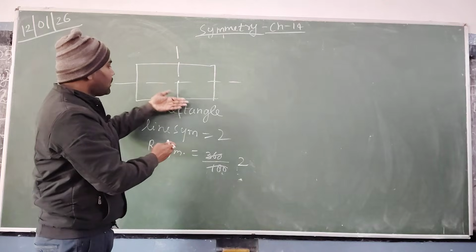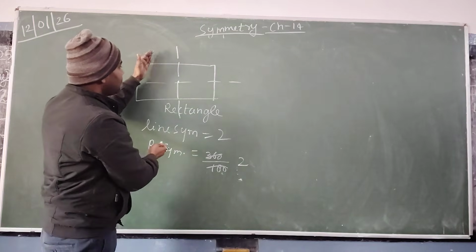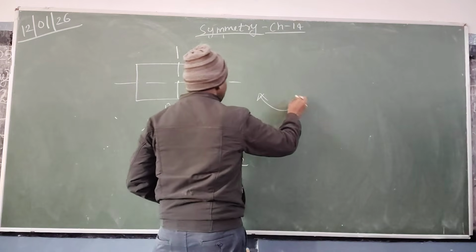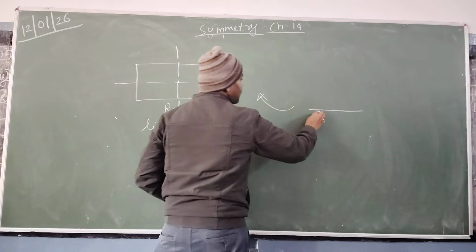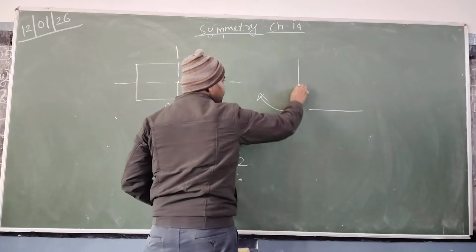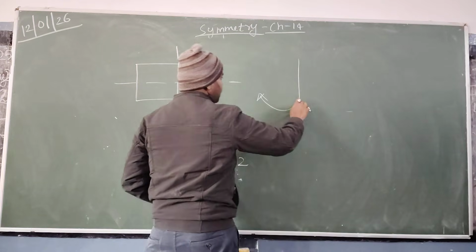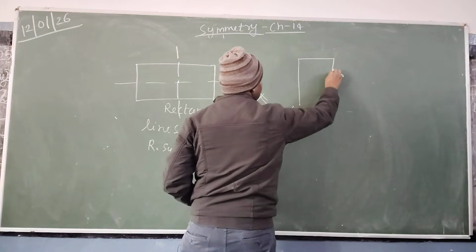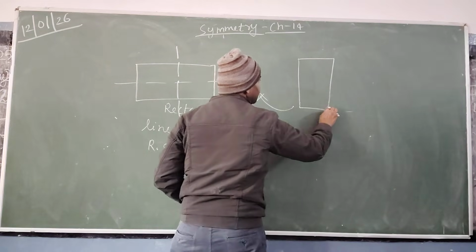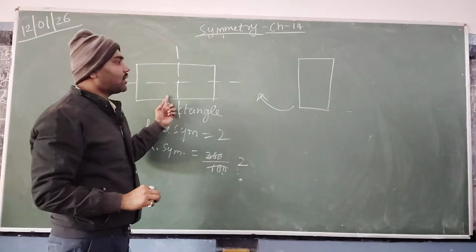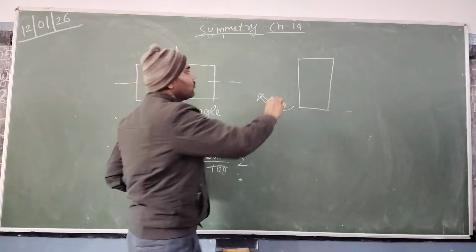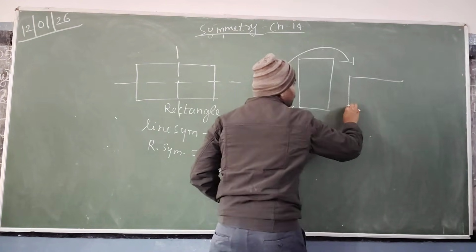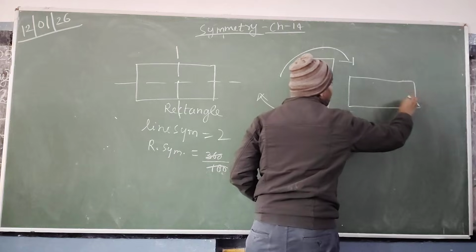When it is rotated like this, this side will come to this side, and this side will become like this. So it is not similar to that figure. Again we will rotate one more time, then it will come to this figure.